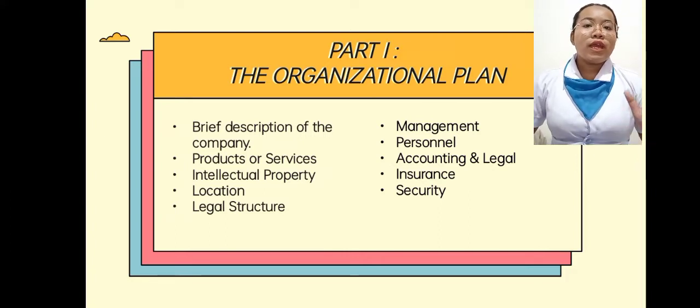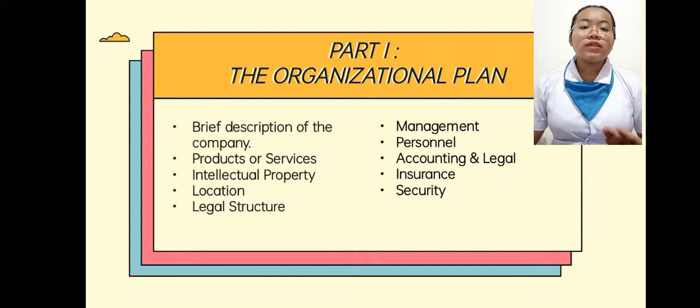Here in the organizational plan, you need to give a brief description of your company. It is the overview of your business, telling when and why the business was formed, and it addresses the mission, business model, strategies, and strategy relationship, as well as the SWOT analysis.